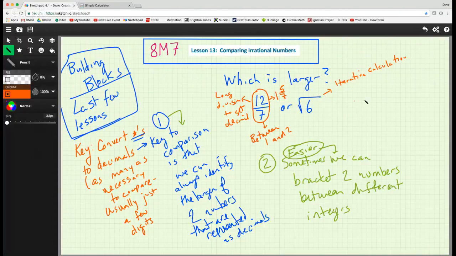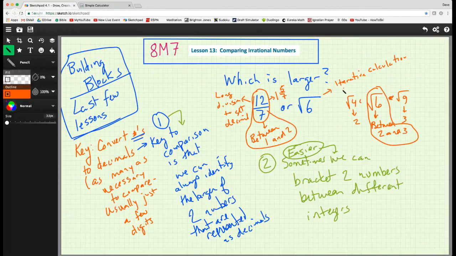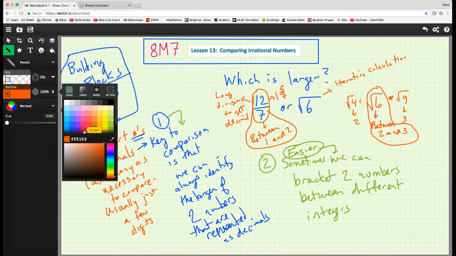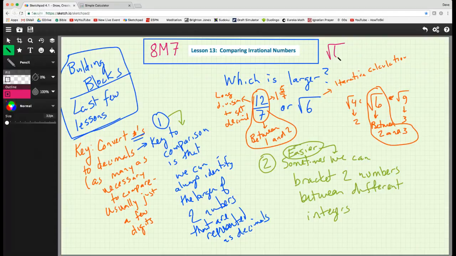And the square root of 6 is between 2 and 3, because the square root of 4 and the square root of 9 bracket the square root of 6, and those are 2 and 3. So 12/7 is between 1 and 2, the square root of 6 is between 2 and 3, and our final answer is that the square root of 6 is greater than 12/7.